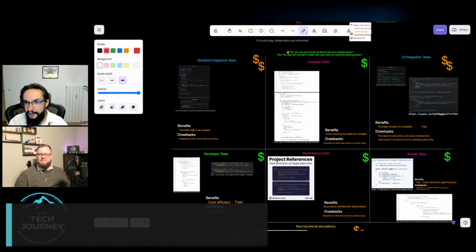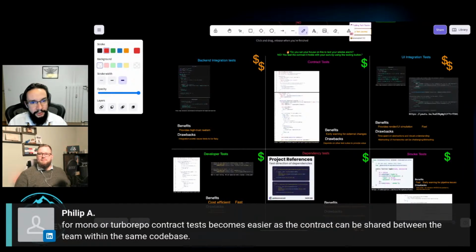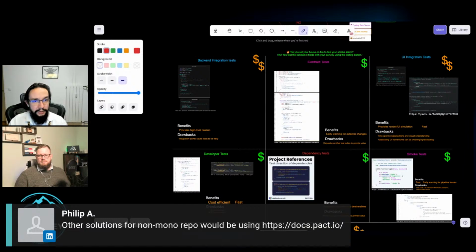But hey, Philip also mentions that for mono or turbo repo, contract tests become easier as the contract can be shared between the teams within the same code base. So this is the T3 stack discussion that we had. And Pact.io, yeah, I recommend Pact.io for non-mono repo when you end up having to export some kind of XML or JSON, and then you have a Kubernetes cluster or a Docker swarm, and each cluster has its own mocks that it provides for other developers.